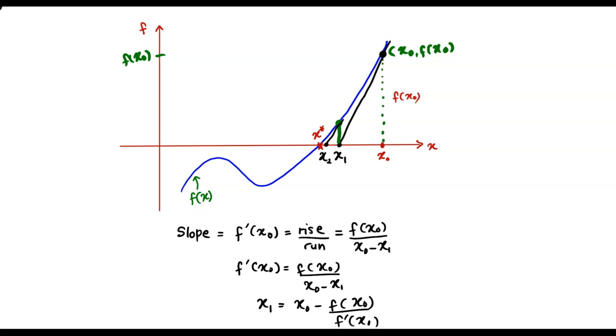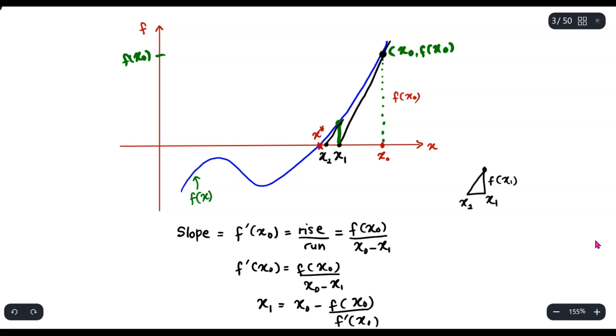Using the same explanation as before, if we take out that small triangle where this is x1 and that is x2, the length here is f(x1), because at this point the reading is (x1, f(x1)). So the rise is f(x1).